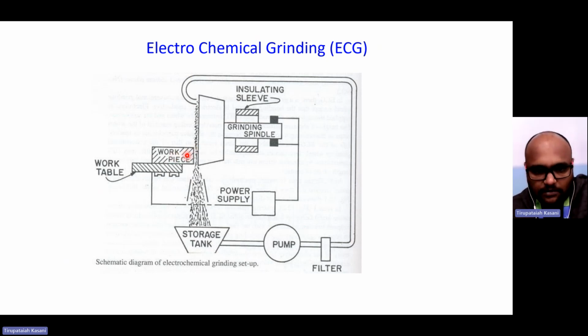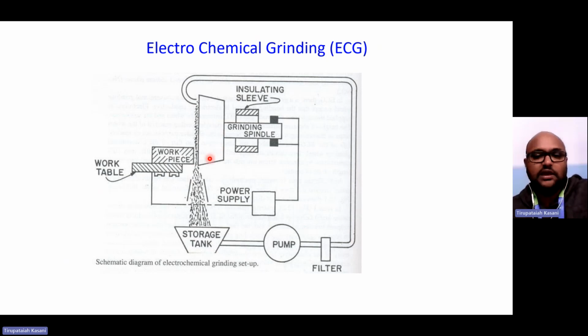But here the amount of material that is removed is not only due to the action of the electrolyte, but also due to the action of mechanical grinding. See here, for example, 90% of the material removal in the machining zone is due to the electrolyte medium, and 10% is due to the grinding wheel action.